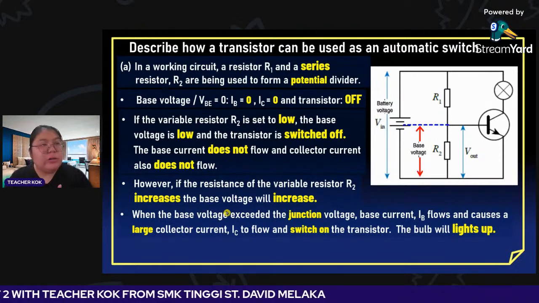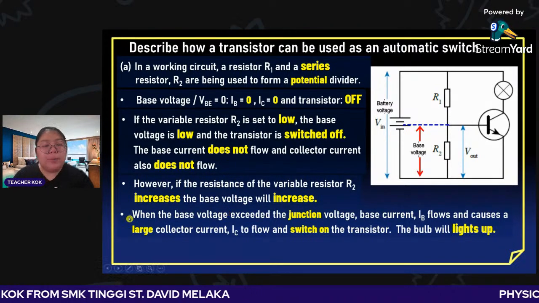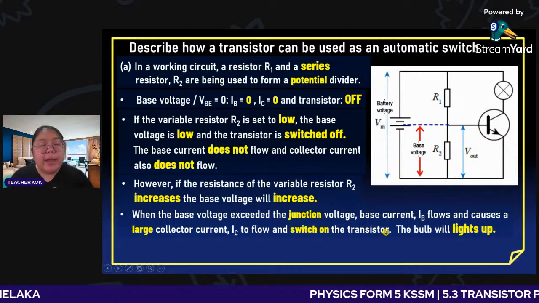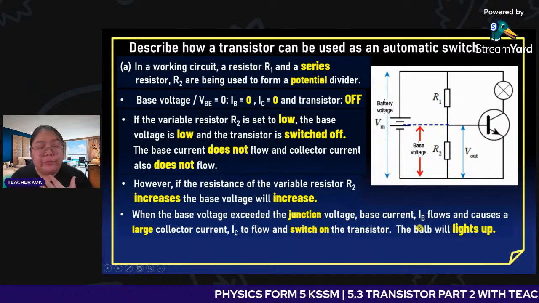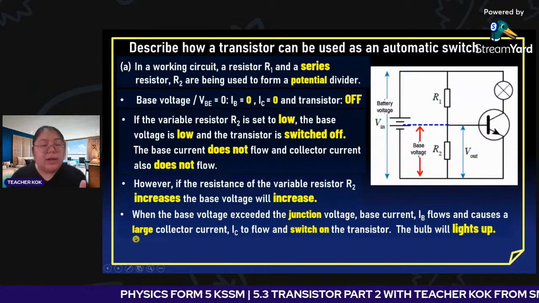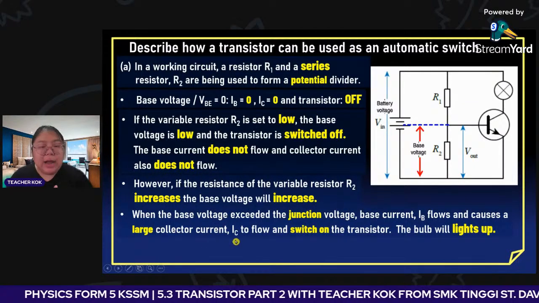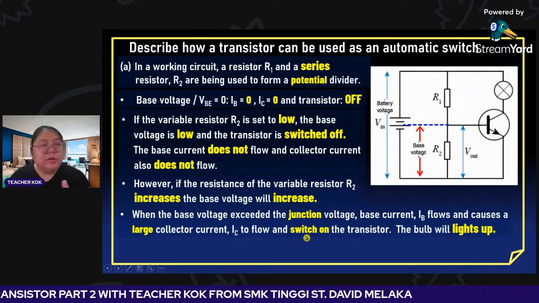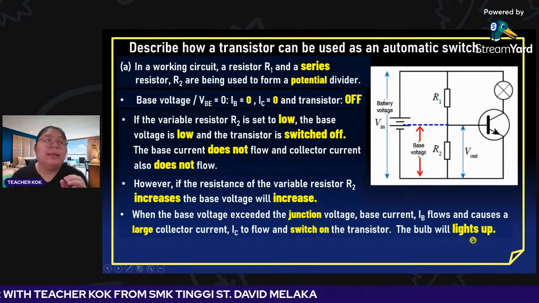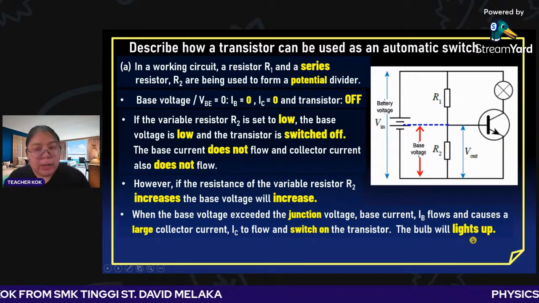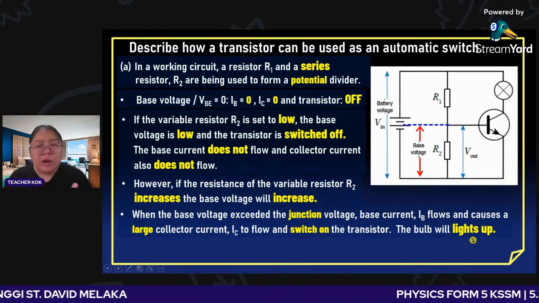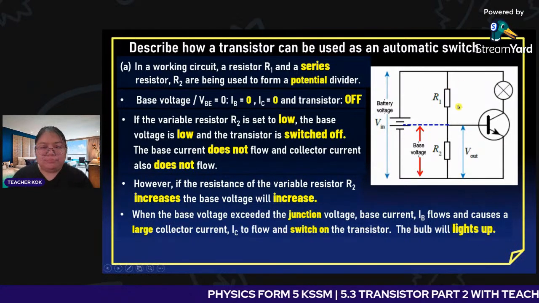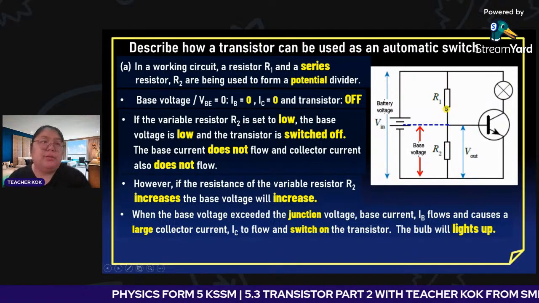If the connection is wrong, that means 0. So when the base voltage just exceeds the junction voltage, the base current starts to flow and causes a large collector current to flow and switch on the transistor. So finally, the bulb can be lit up. Okay? So from here, you can find out one thing I never mentioned: R1 is not related.